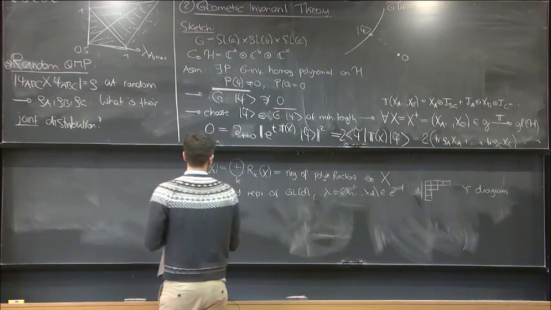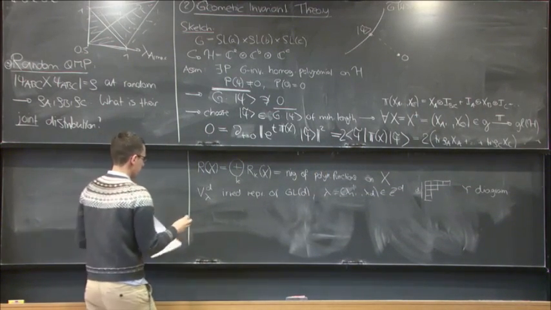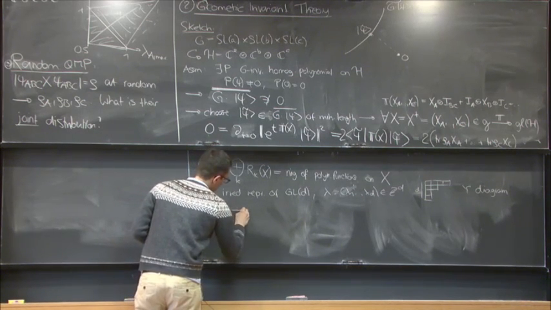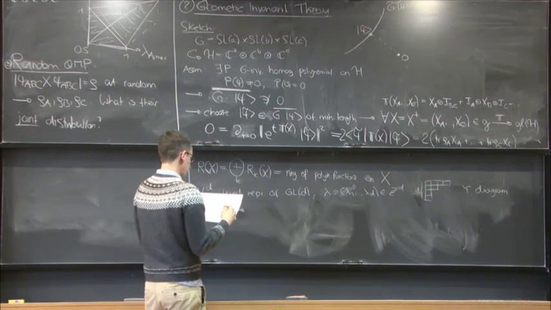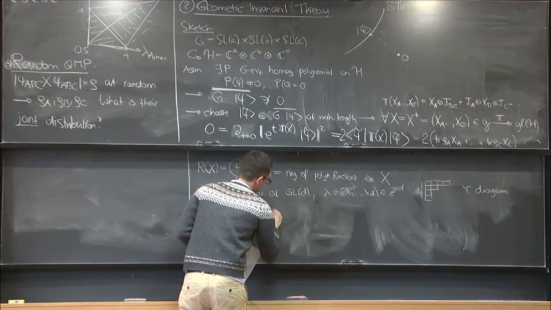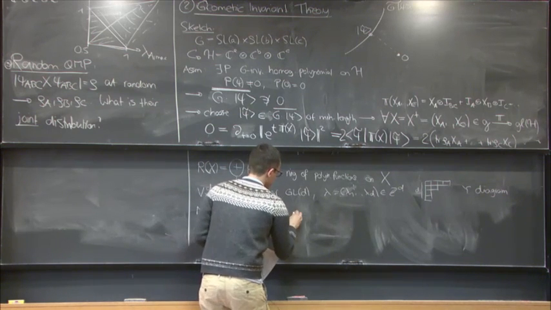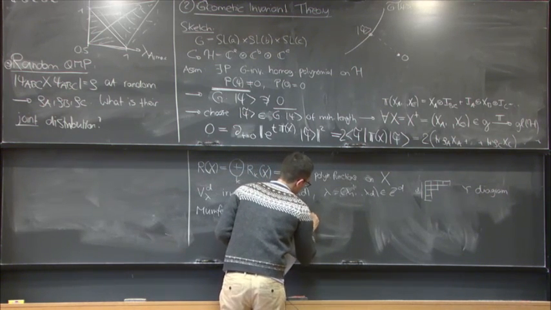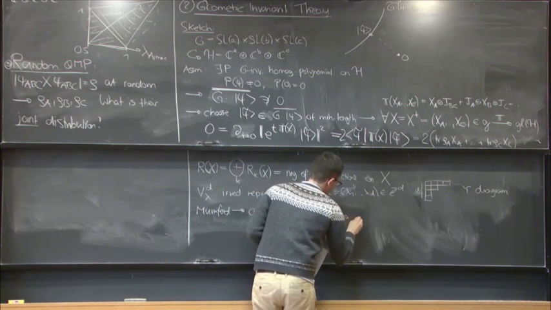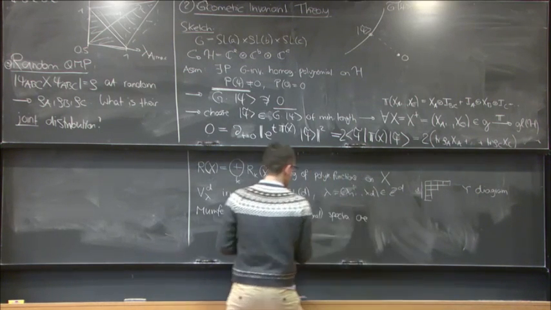Okay, so maybe let me now write down the general result, which essentially follows from a general statement of Mumford. So the statement is the following. The set of all compatible spectra, or at least the rational ones, are given by the following set.